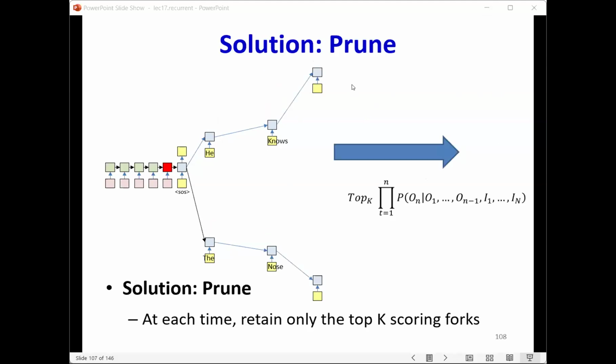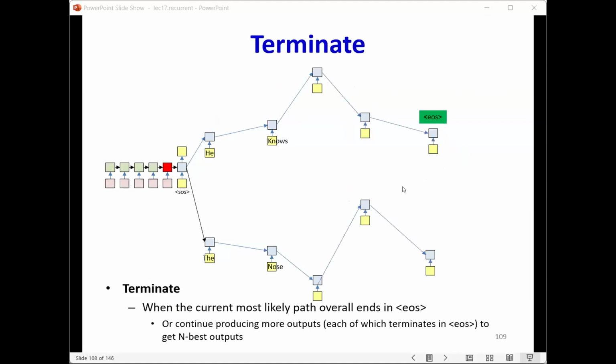So this is what we're going to do, and we can keep doing this. At each time, you're going to use the top k, where the top k is based on the product of probabilities all the way down the path. And you stop when the current most likely overall path ends in an end of sentence marker. It's not enough for one of the top k to have an end of sentence marker. Once you generate an end of sentence marker, you do not continue generating from that point on, because that sentence is complete.